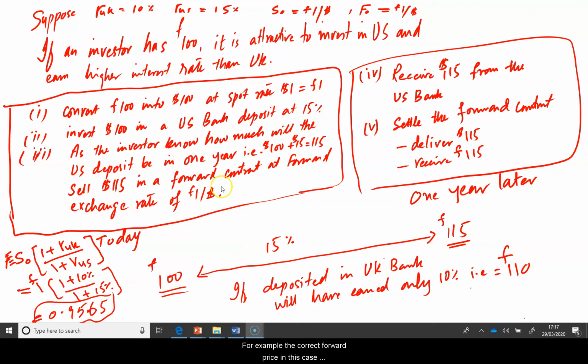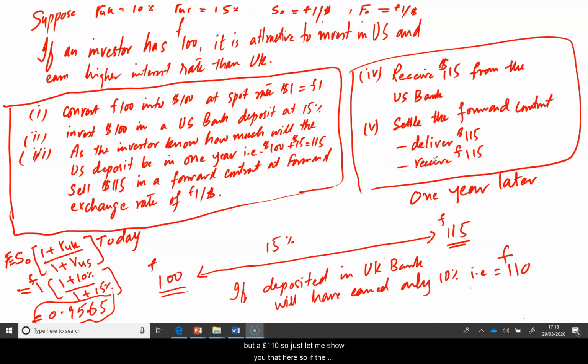For example, the correct forward price in this case should have been 0.9565, which is obtained using this formula. We are going to have a look at it in detail later. Now, if we use this as the forward rate, you can see that 1 year later, $115, if converted back into pounds, will not be £115 but 110.